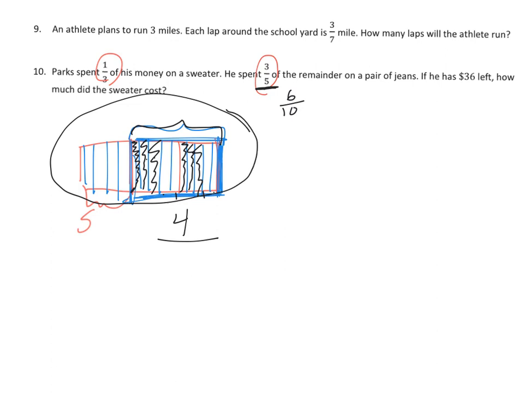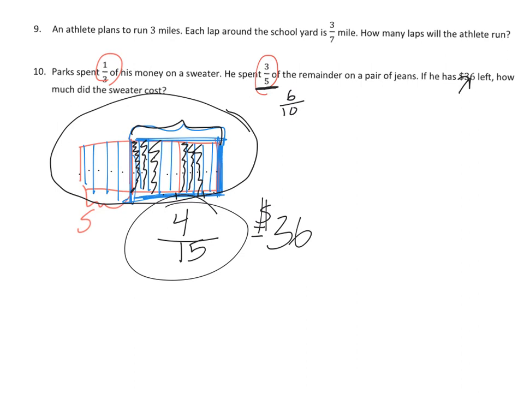So the whole thing is 1, 2, 3, 4, 5, 6, 7, 8, 9, 10, 11, 12, 13, 14, 15 pieces. 4/15 of the whole thing is $36. Because it says he has 36 left.